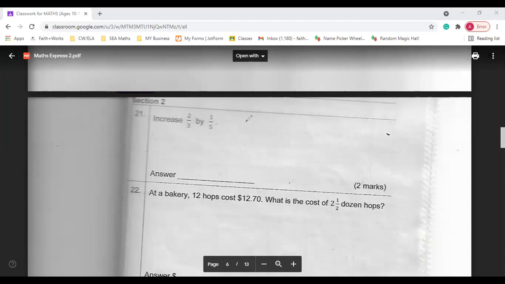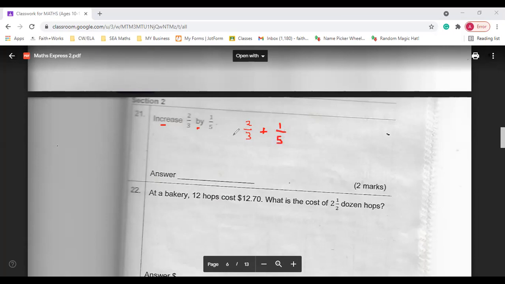So we have 2/3 here. And we have the words increase by. Those are keyword clues. Keyword clues are words that let you know which operation to use, if it's addition, subtraction, multiplication, or division. In this case, increase by simply is a keyword for addition. So we're going to add 2/3.